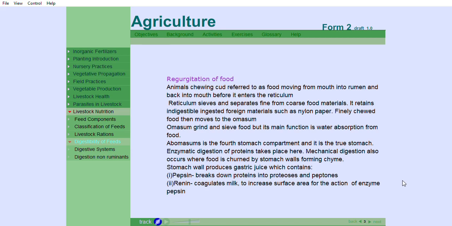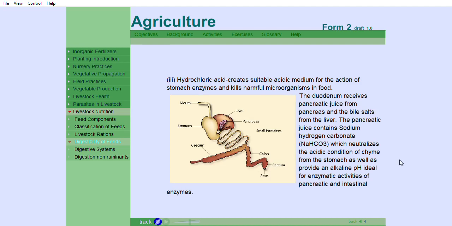Renin coagulates milk to increase surface area for the action of enzyme pepsin. Hydrochloric acid creates suitable acidic medium for the action of stomach enzymes and kills harmful microorganisms in food.